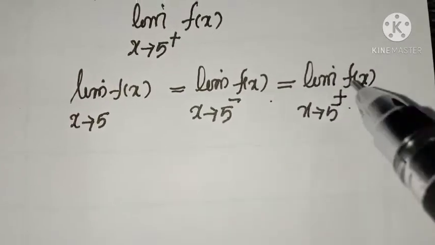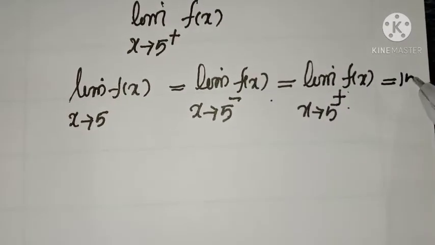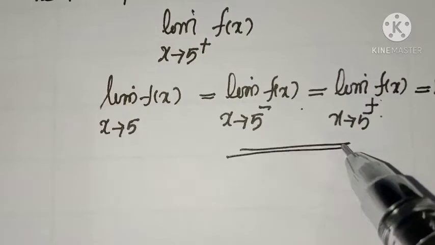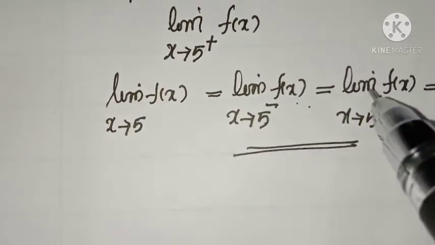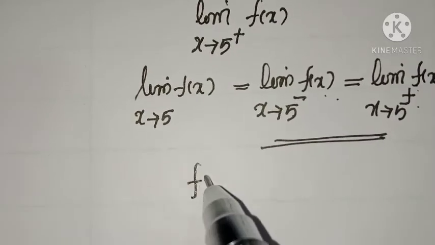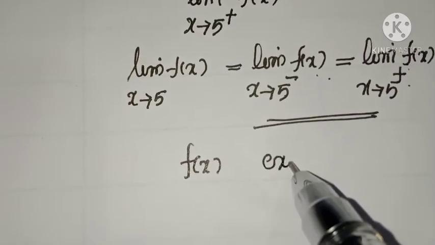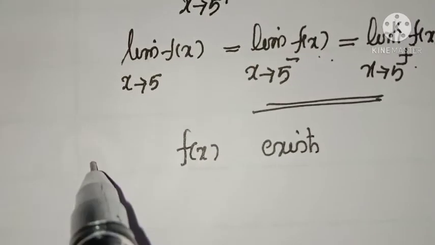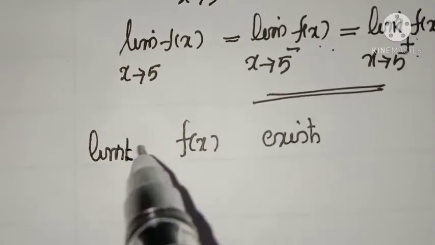These three limits are equal to each other. Okay. So, if these three limits are equal, then we can say that the limit of the function f of x exists. It's clear? The limit of the function exists.